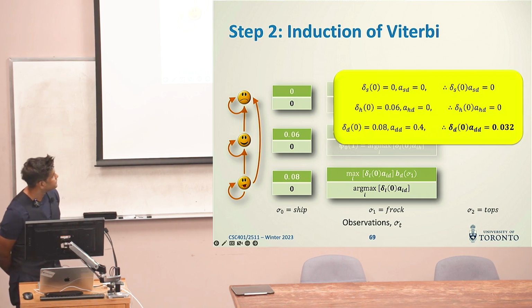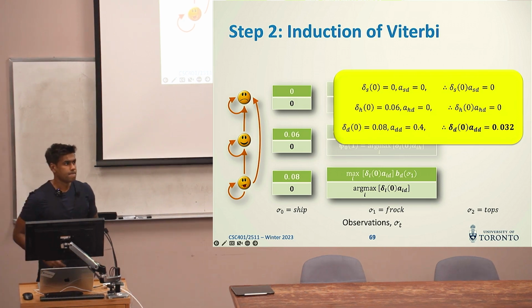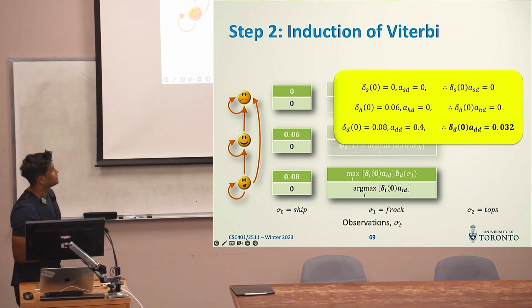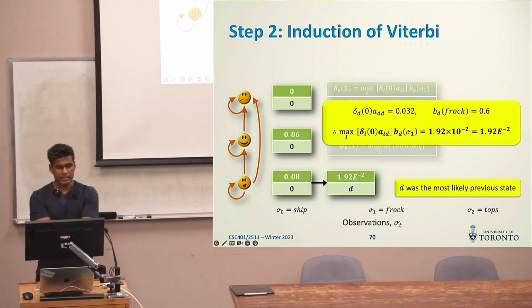And in our backtrace label, we'll store what? Disgusted. Yes, that's right. We'll store disgusted, or D, over here. And we see that that is the case.